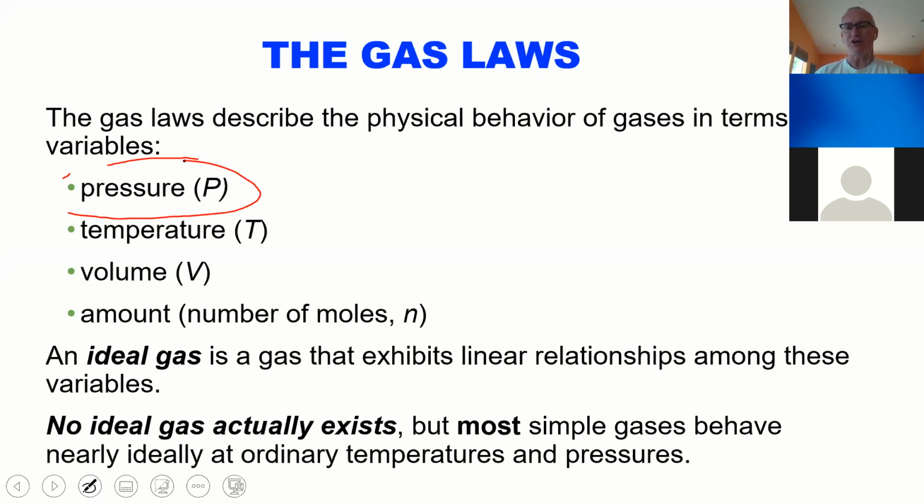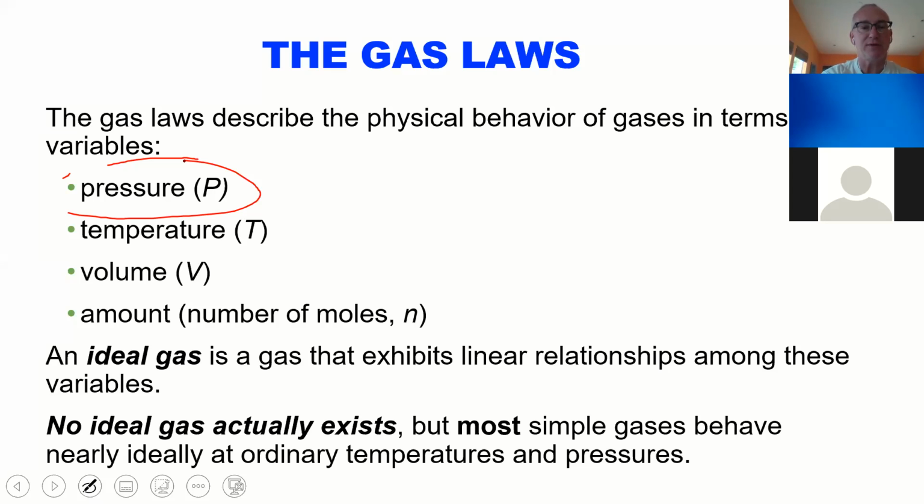The more kinetic energy that we add to the molecules, or the more ways we can get molecules hitting the sides of the container, the higher the pressure. So increasing the temperature, decreasing the volume, or increasing the amount of gas. All three of those things result in a higher pressure.